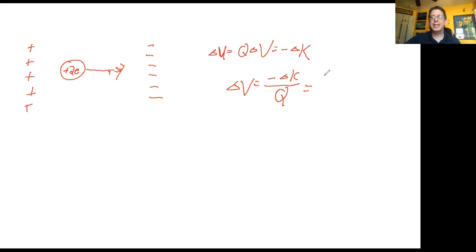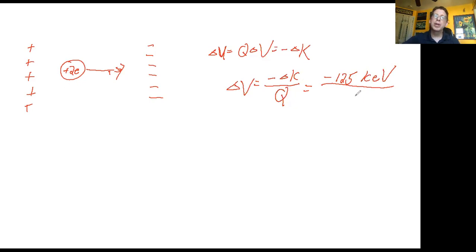So that's negative, and the delta K is 125 kiloelectron volts, and you're dividing it by Q. Now, if you wanted to convert this to joules, you would multiply first by 1,000 to get electron volts, and then by 1.6 times 10 to the negative 19.